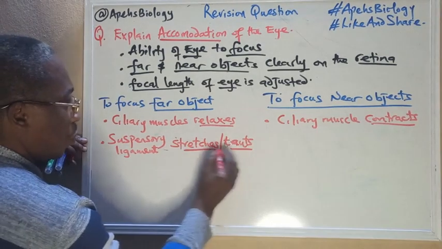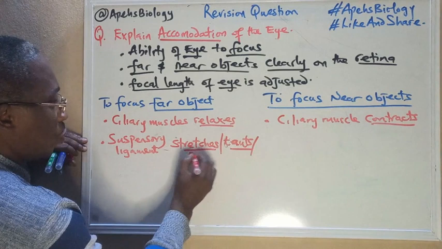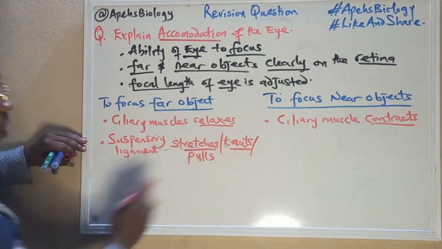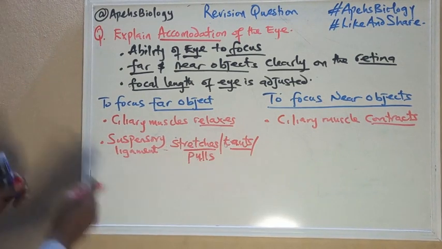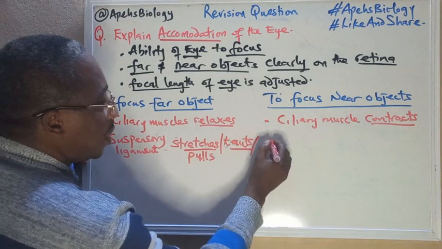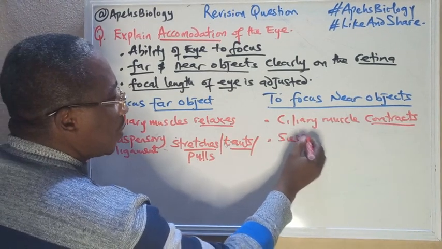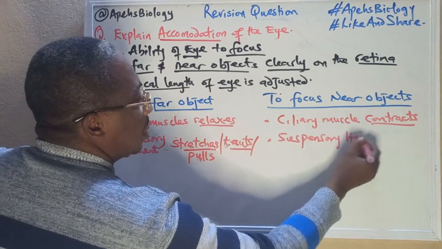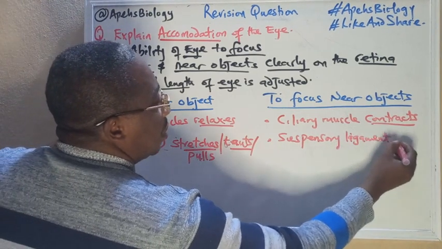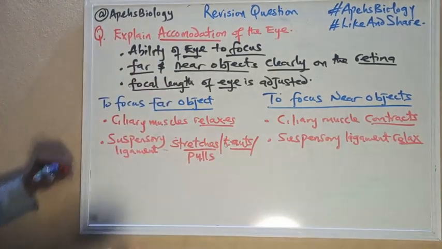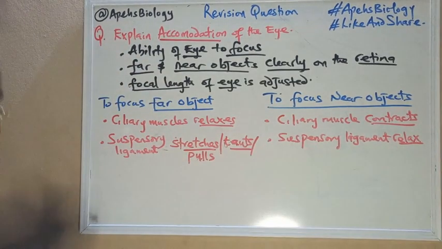Stretches or tauts, or even pulls, right? It pulls. And that is what happens when the eye is focusing far objects. Well, here we see that the suspensory ligament relaxes. It doesn't pull at all. Here it stretches, here it relaxes.